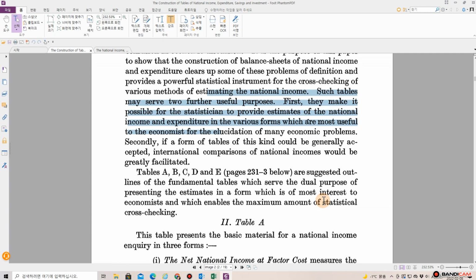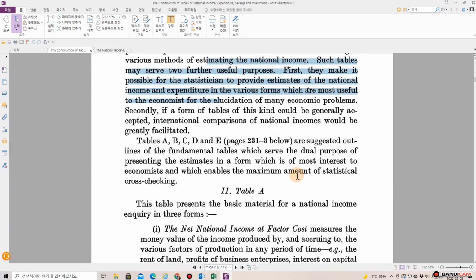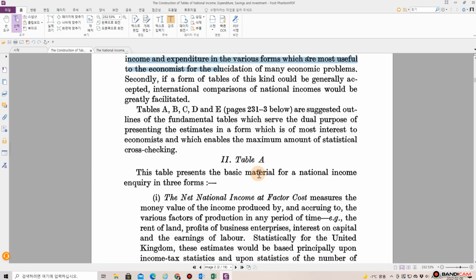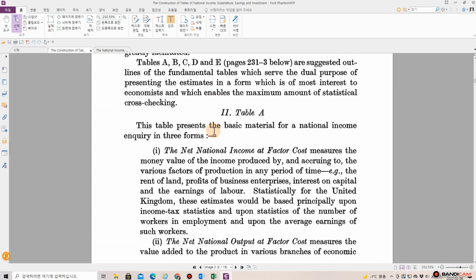greatly facilitated. Tables A, B, C, D, and E are suggested outlines of the fundamental tables which serve the dual purpose of presenting the estimates in a form which is of most interest to economists and which enables the maximum amount of statistical cross-checking.